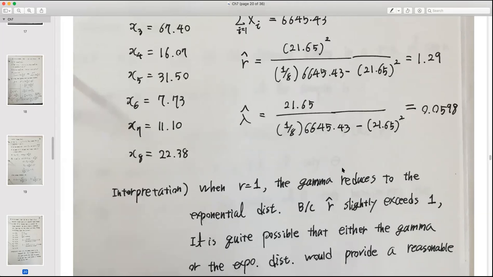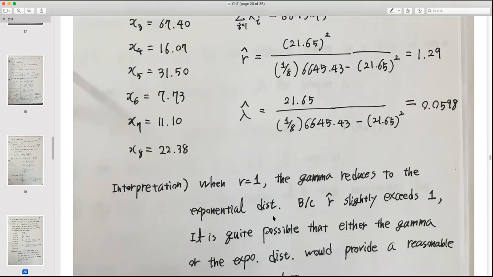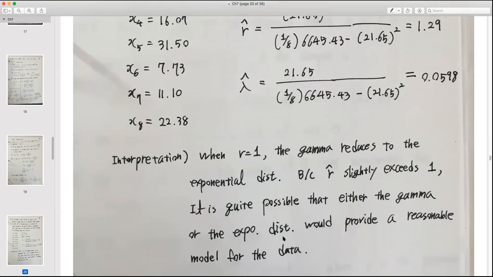But the gamma distribution is more general than the exponential distribution, not just one event. r could be one or two, any number of events. So when r equals 1, the gamma reduces to the exponential distribution. Because r hat has slightly exceeded 1, it is quite possible that either the gamma or exponential distribution would provide a reasonable model for the data.